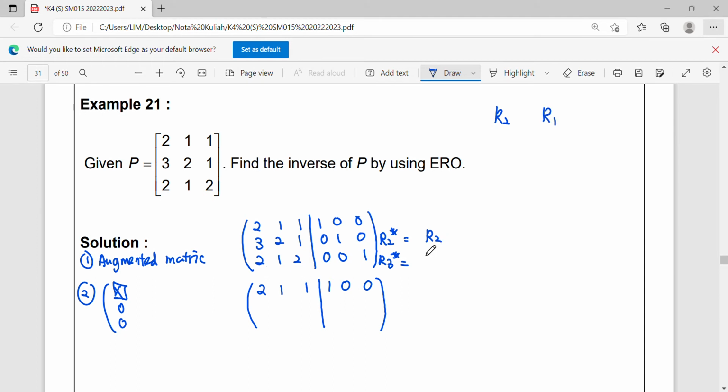Don't look at the values, it's fixed like that. So row 2 value is 3, row 1 value is 2. How to get 0? Here we times 3, here we times 2. So our operation will be 2 row 2, 3 row 1, positive 6 so we do minus. So 2 row 2 minus 3 row 1.